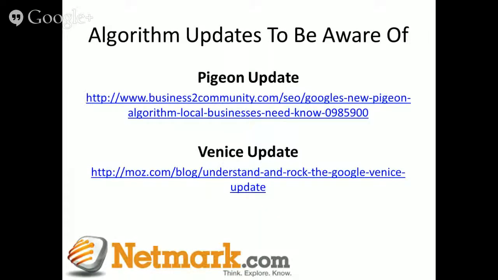Okay, algorithm updates to be aware of. The 2 big ones that really do affect local search are the Pigeon update that just happened recently, and the Venice update that happened a few years ago. The Venice update changed the way Google search looks, and what ranks where when it comes to local SEO. The local 7-pack got refined during that update, and they did what's called blended results.